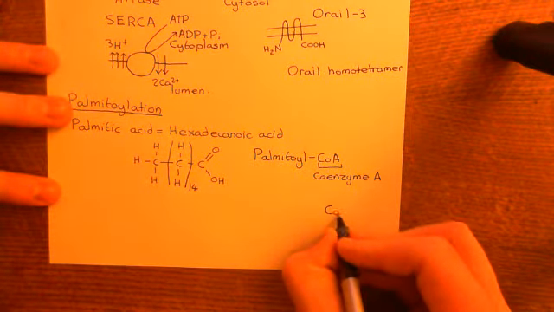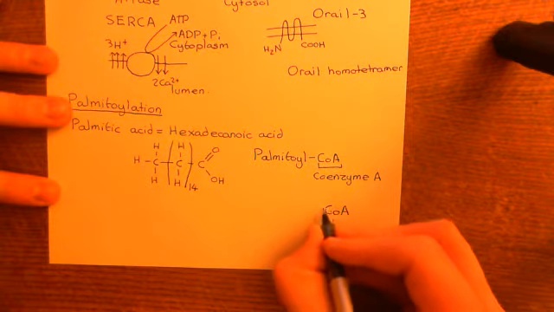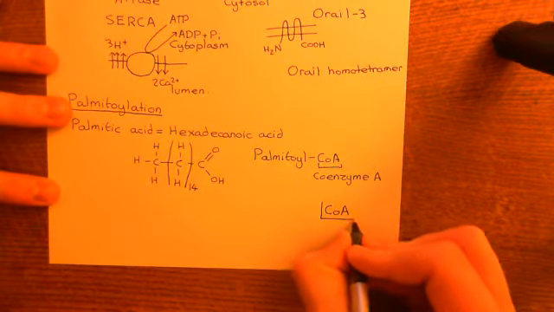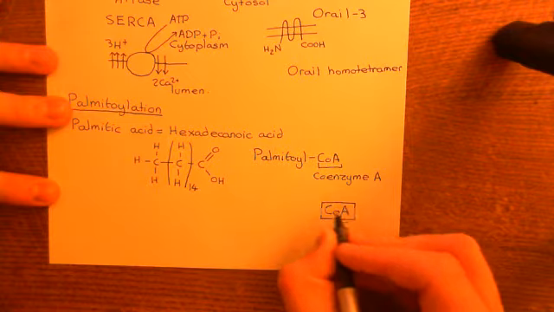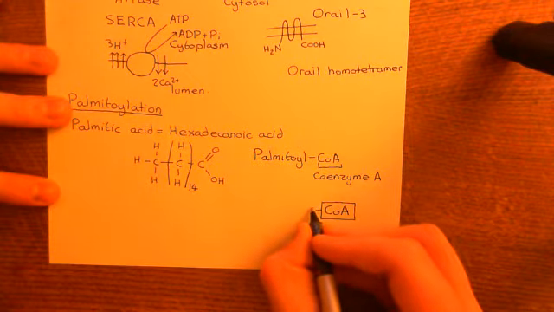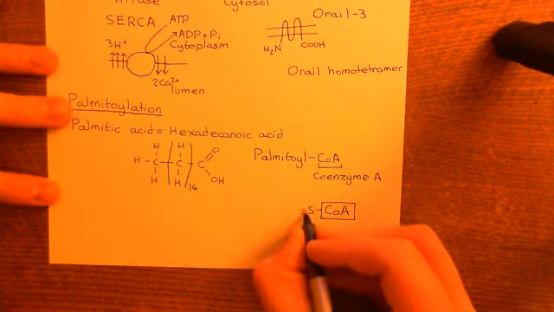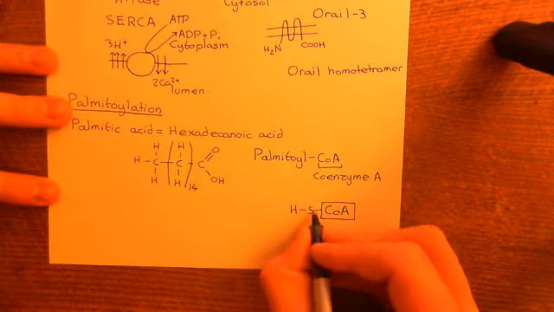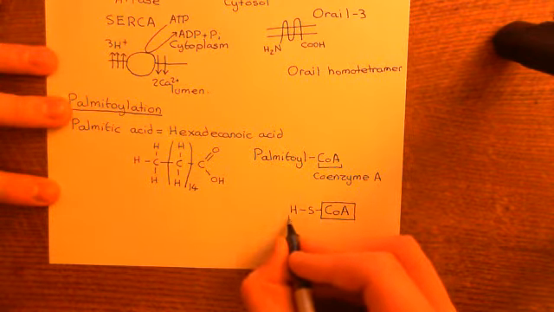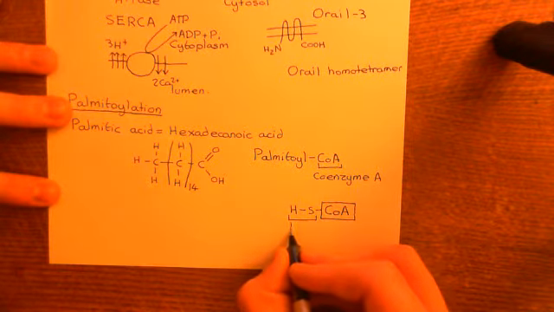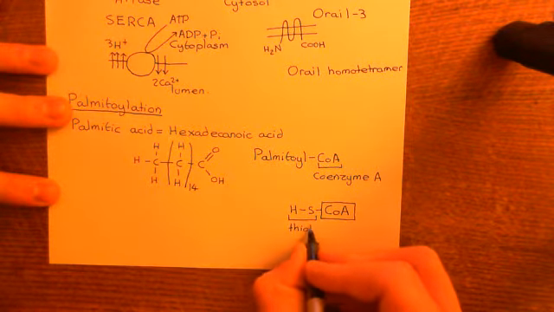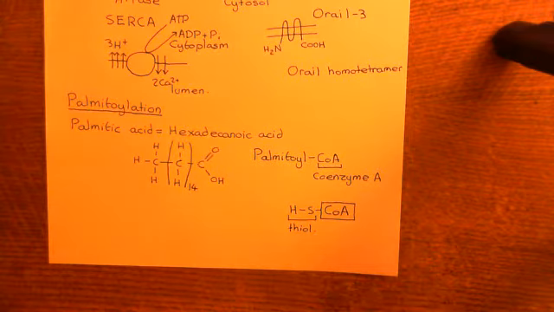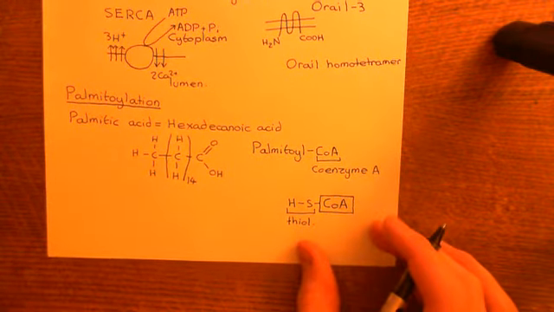So we won't draw the full structure of a coenzyme A molecule. Instead, we'll write coenzyme A and put a box around it. That will do. And the only important functional group of coenzyme A that we actually need to talk about is this thiol group. So this is a thiol group. And I would encourage you to think of a thiol group as being analogous in every way possible to an alcohol group.